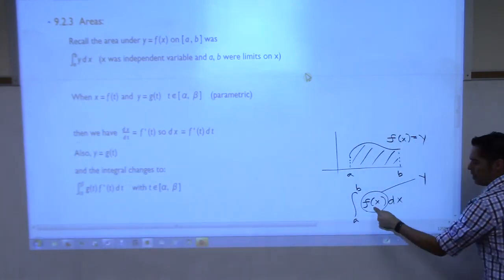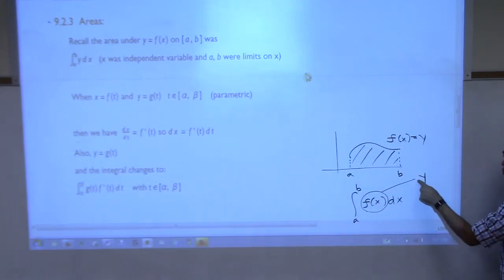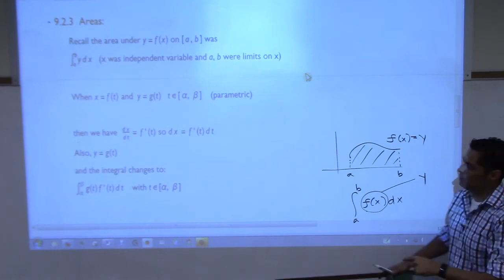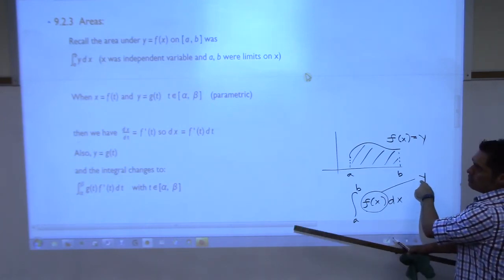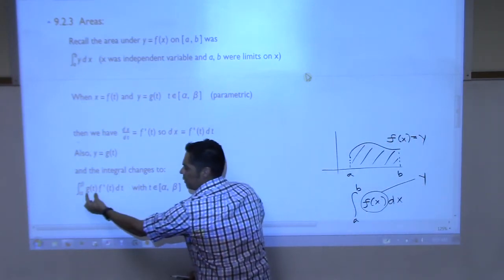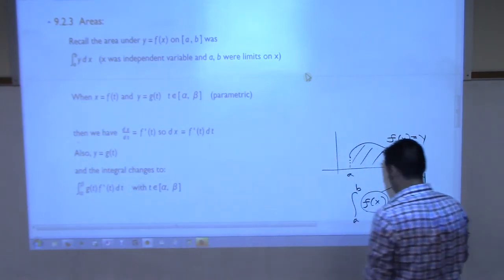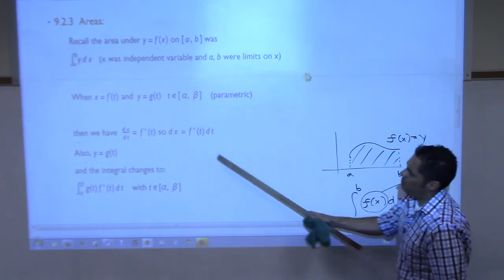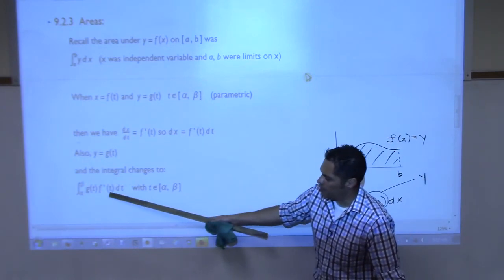What we're going to do is switch f of x to y, but what's y? Sorry, g of t. y is g of t. Okay, so now we get g of t here. And then what's dx? f prime of t dt. So that comes right here.